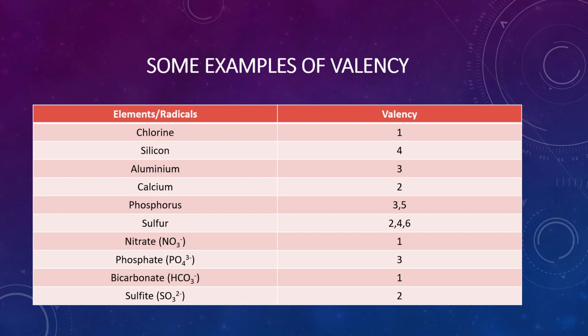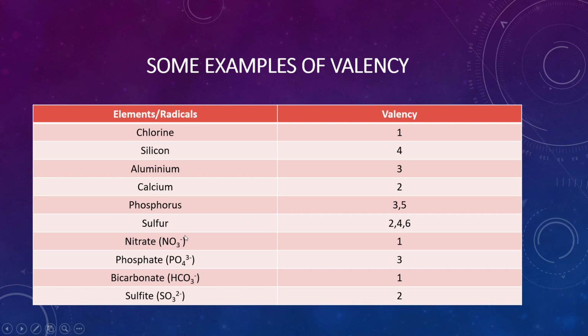Radicals are groups of atoms which act as a single ion. So nitrate, NO3 negative. We can see a negative sign above this formula. This negative sign represents that this radical is not a complete compound.